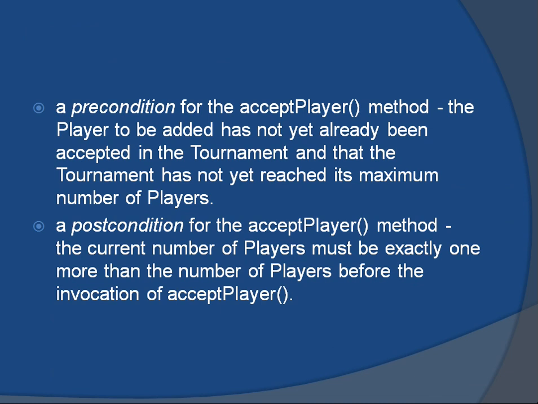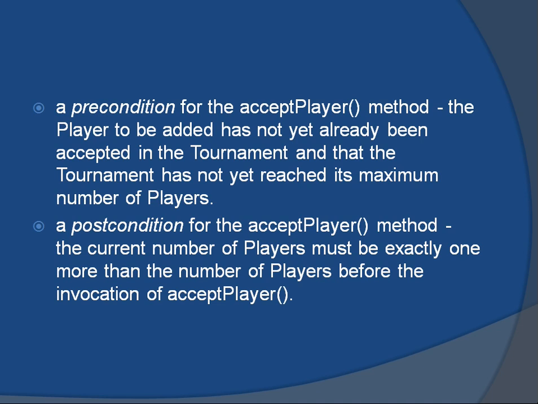Now, a precondition for the accept player method can be placed as: the player to be added has not already been accepted in the tournament, and the tournament has not yet reached its maximum number of players.